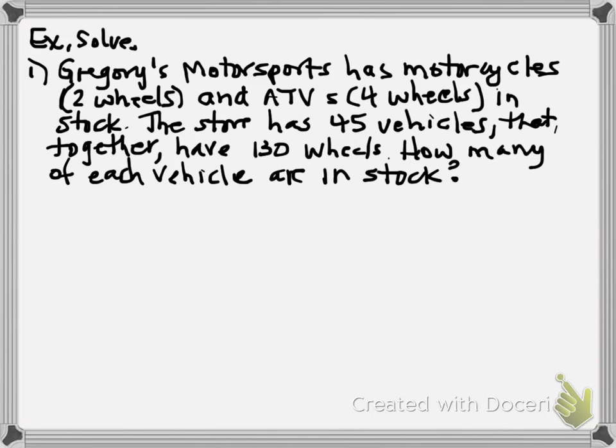Okay. So we have two unknowns. Right? What are they? Motorcycles and ATVs. Yeah, how many motorcycles and the number of ATVs. So we can use whatever we want as our variables. I'm going to choose boring X and Y. So X is going to represent the number of motorcycles.